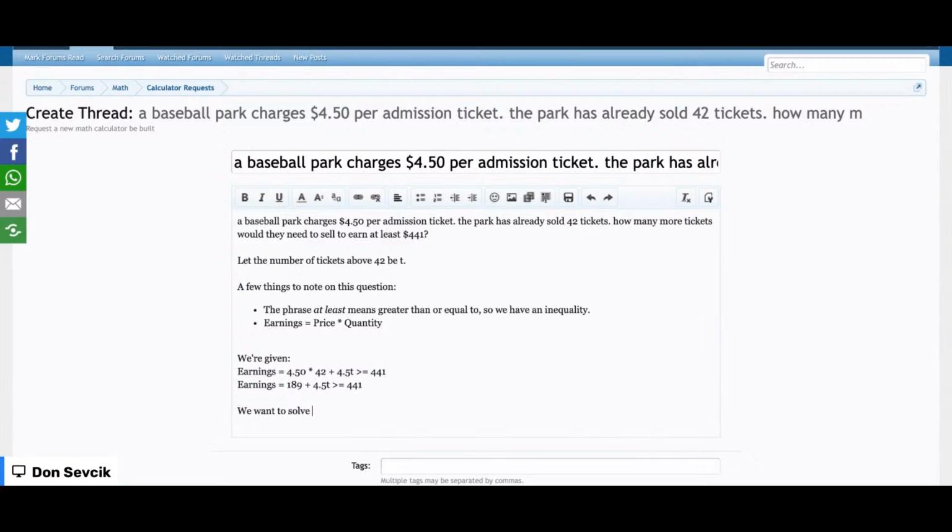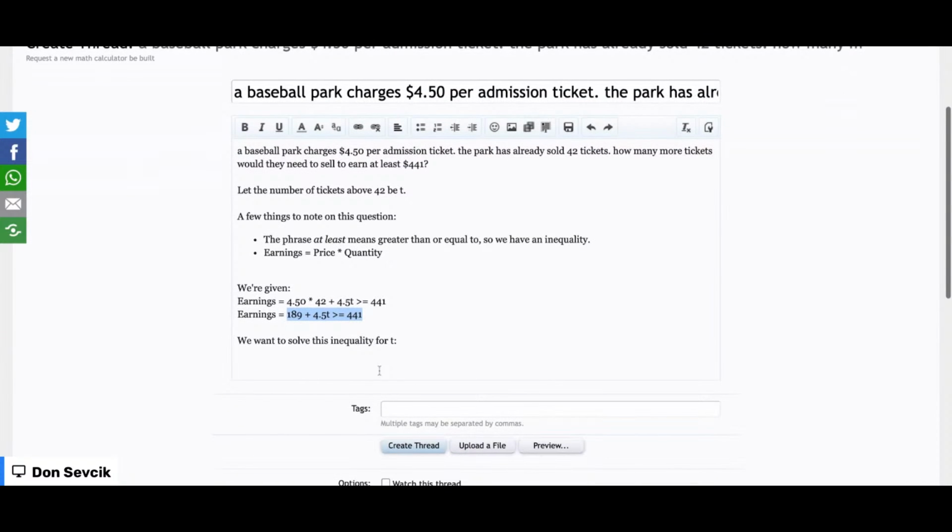We want to solve this inequality for T. What I'm going to do is go off camera real quick onto the Math Celebrity calculator. Give me a few seconds, and I'm going to paste all this in for you below. Here we go. Ready?